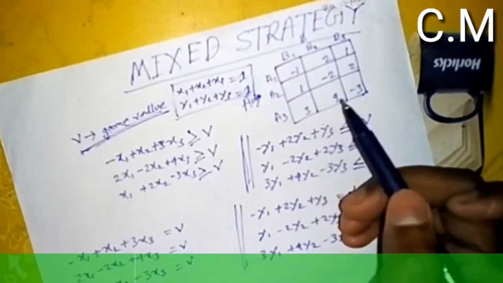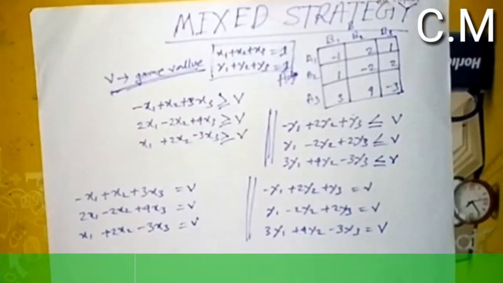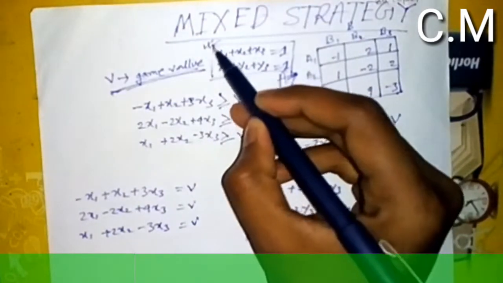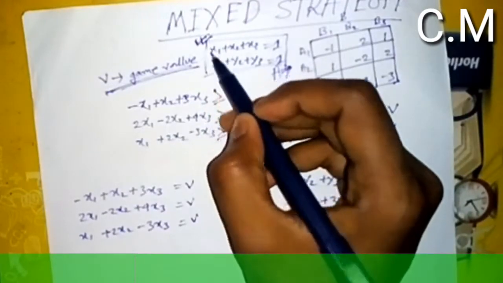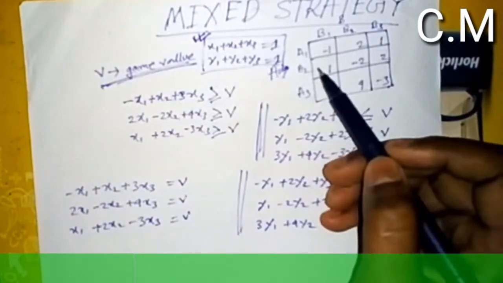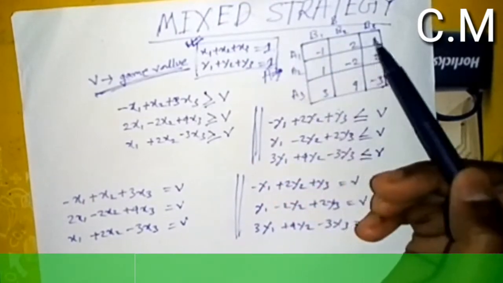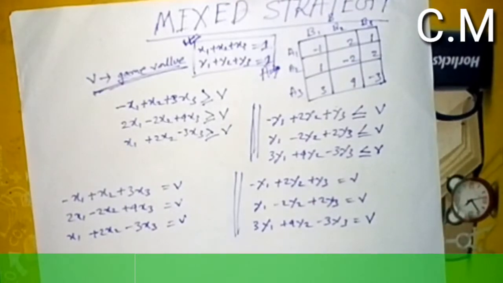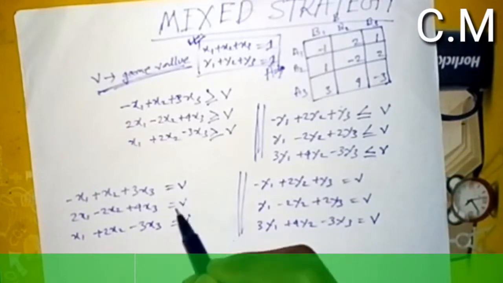We use this condition to determine the values of x1, x2, x3 and also y1, y2, y3. It is mandatory, which I forgot. I remind you, this is the mandatory condition you have to write for every mixed strategy. For a 2 cross 2 matrix, we write x1 plus x2 equals 1, and y1 plus y2 equals 1. Similar process.